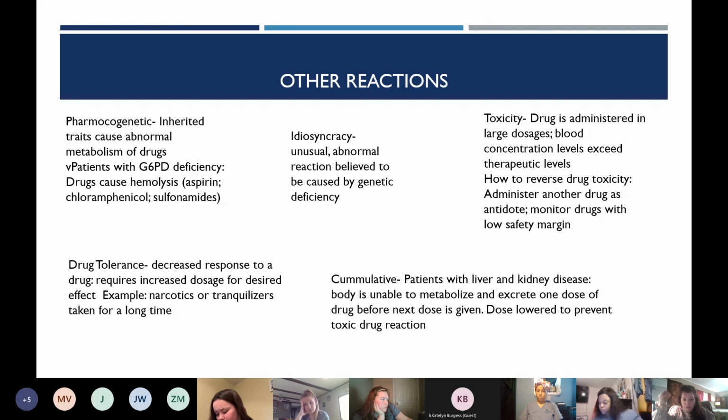So we're always monitoring our patients, but if we know something is very toxic to the kidneys, if it's given in too large of dosage, we're really going to be even more honed in on what that patient's urine looks like and what their output is and all of those things. So just like with asking their allergies to prevent allergic reactions, if we monitor our patient, we monitor those drug levels and we monitor their responses very closely, our patients are going to have a lesser risk for toxicity.